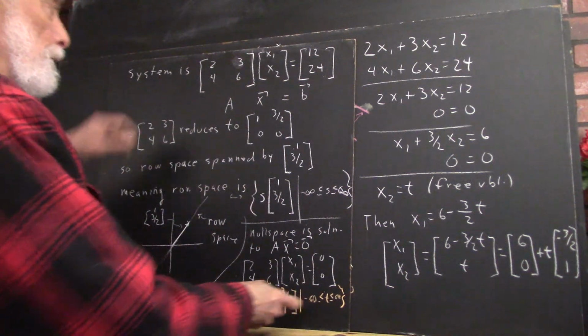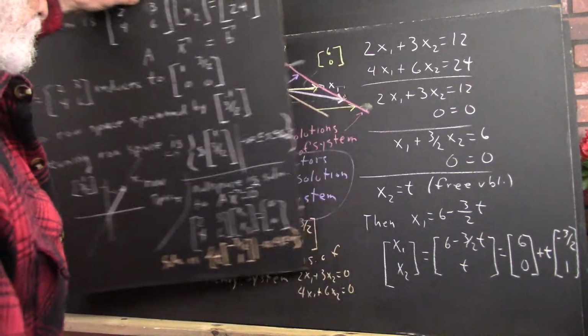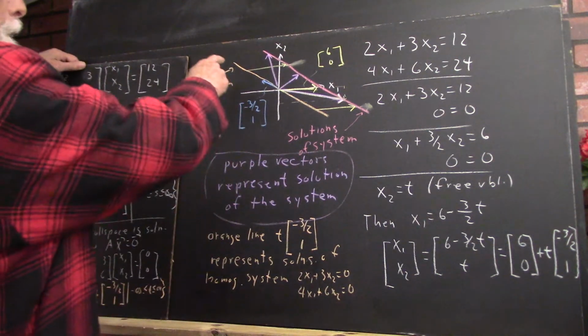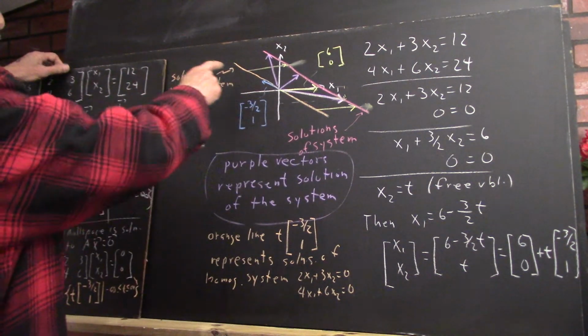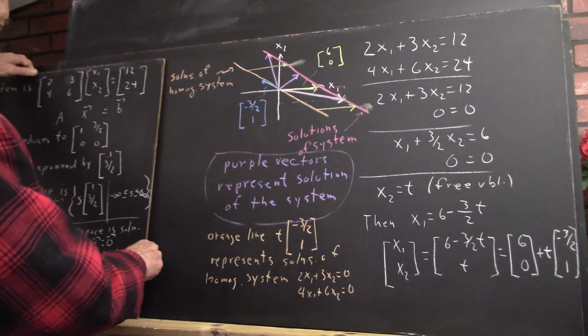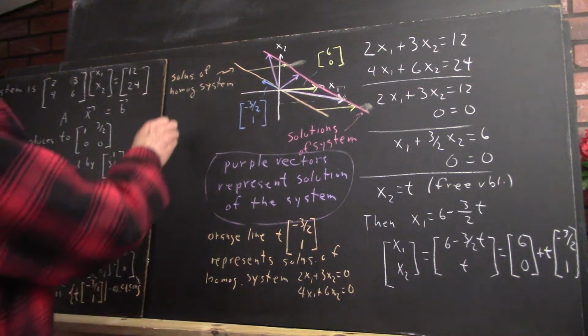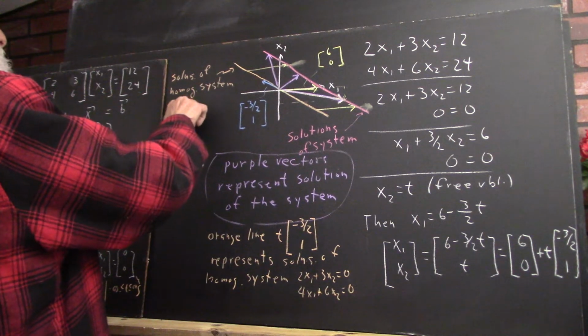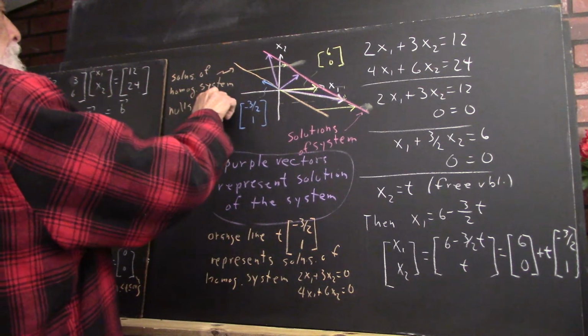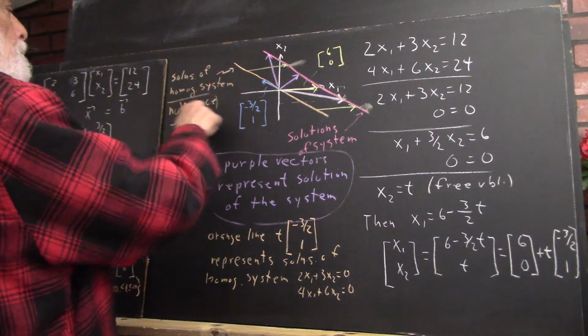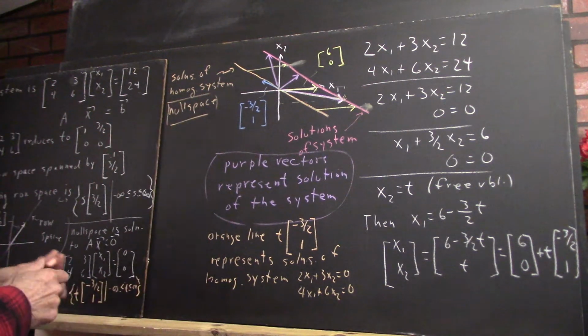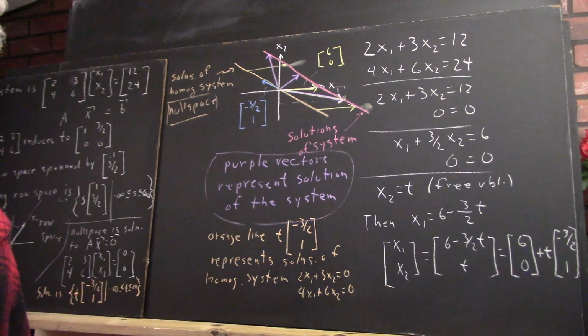Well, this set we've already got right here. It's the solutions of your homogeneous system, and that's your null space. And now we've got the row space.